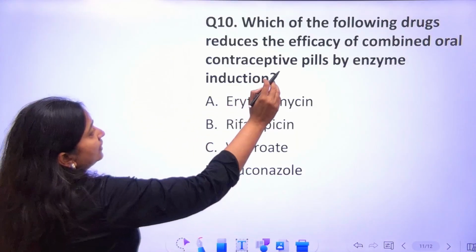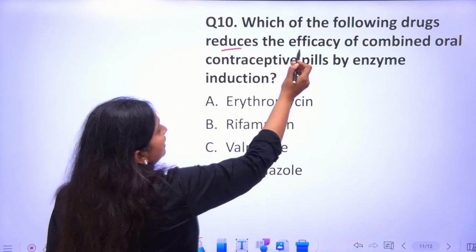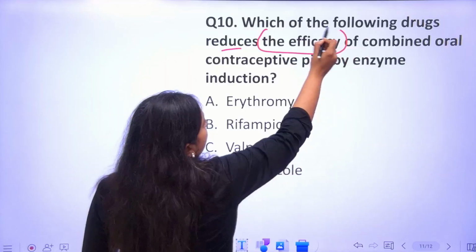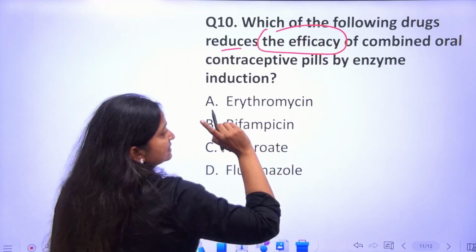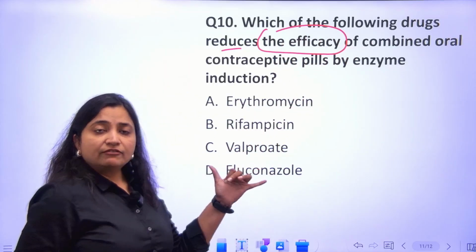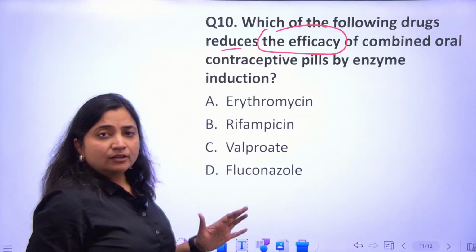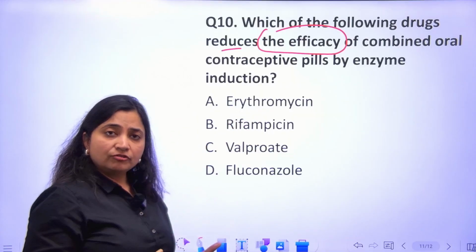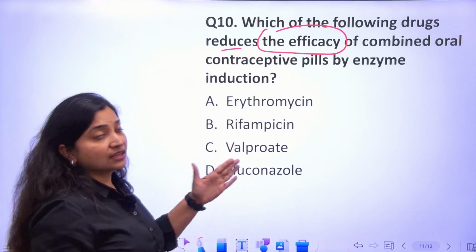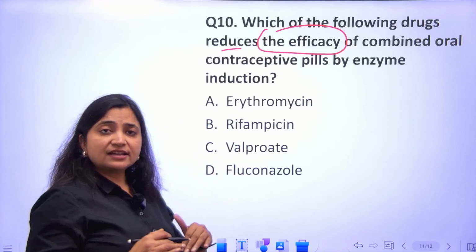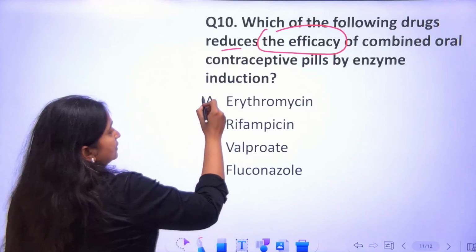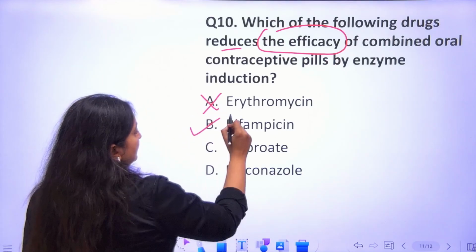Which of the following drugs reduce the efficacy of combined pills by enzyme induction? This we have talked about. Enzyme inducers, generally we don't give OCPs when the patient is taking that drug which decreases the efficacy. Erythromycin, no. Rifampicin, yes.